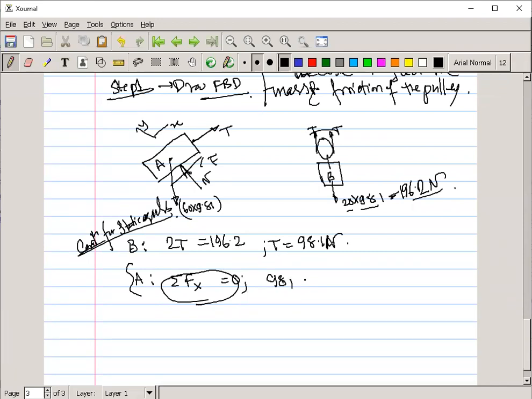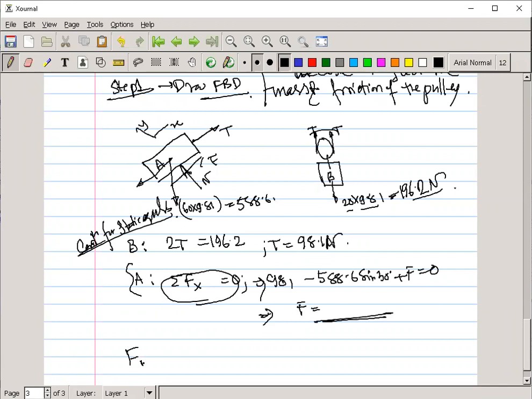So 98.1 minus 588.6 sin 30. How do we get the 588.6? This is this value, 588.6. Then the sign direction means this one, okay, plus friction is equal to 0. So from here you will easily get that F is equal to some value.